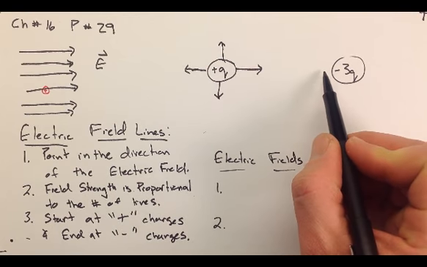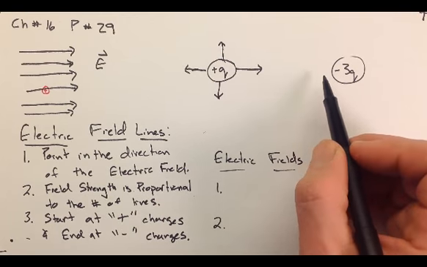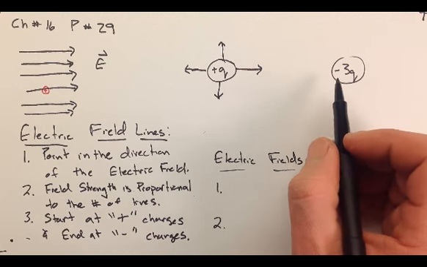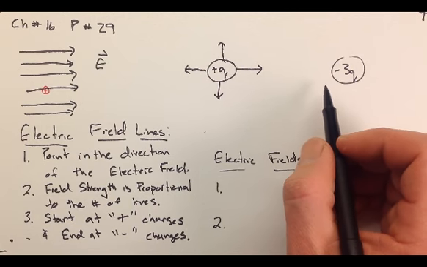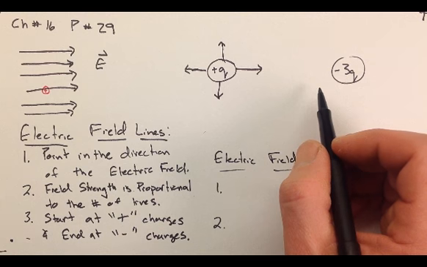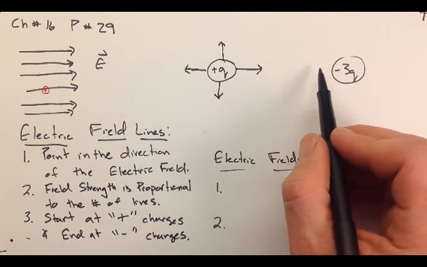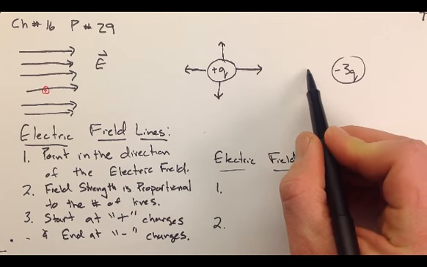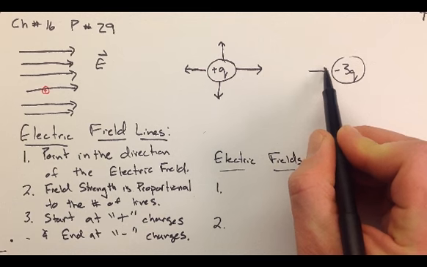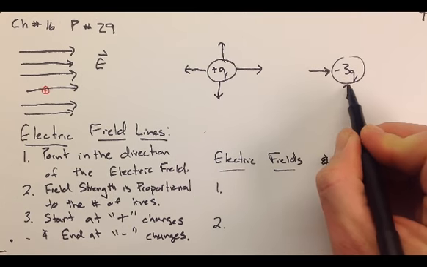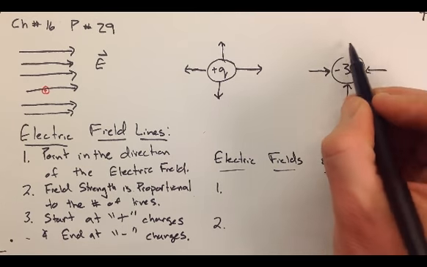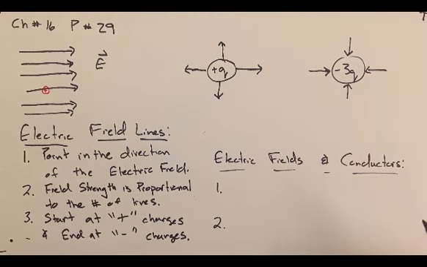Now, if I had a little positive test charge right here, by the way, what do I mean by positive test charge? It just means it's a small charge, not big enough to change the electric field around it. So if I had a little charge here, positive, it would want to go this way, and here it would want to go this way, and here this way.